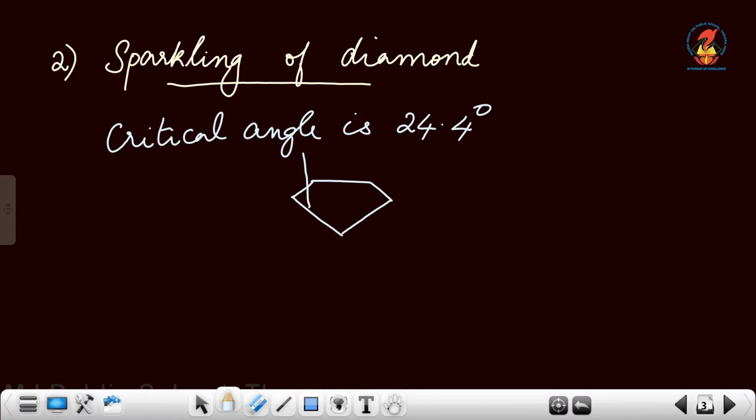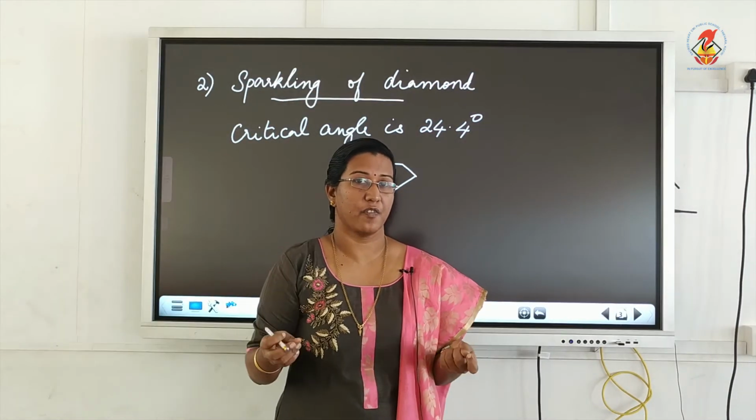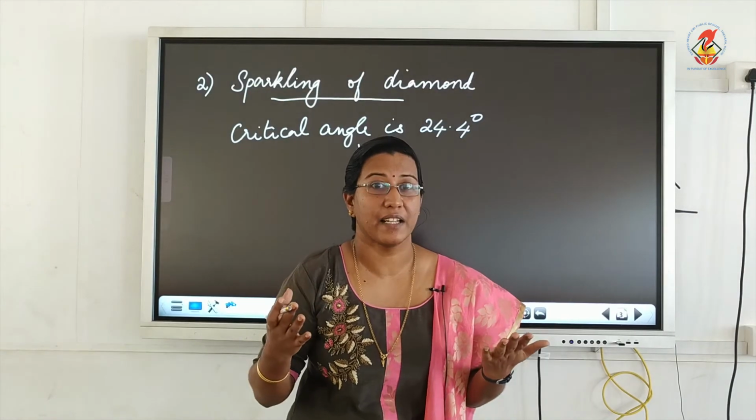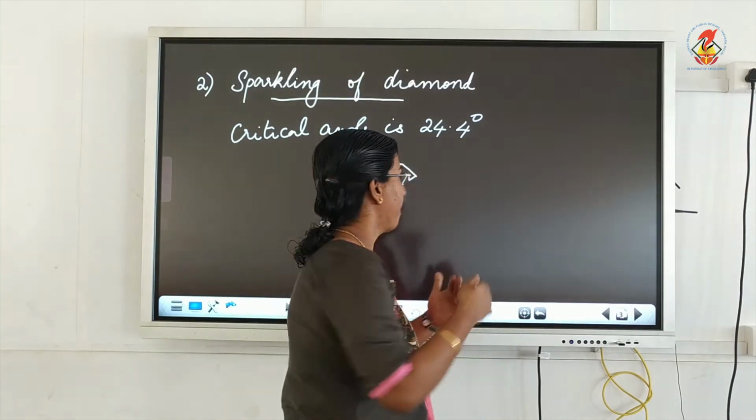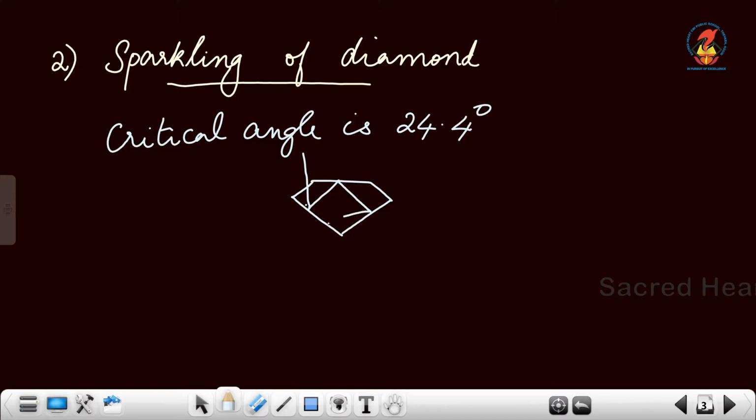When light enters the diamond and is reflected to any other face, it will be incident at that face at an angle greater than the critical angle. Because of the way the diamond is cut, multiple TIRs will take place, and through certain faces the light will come out.